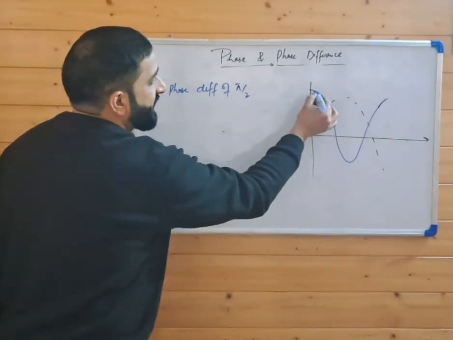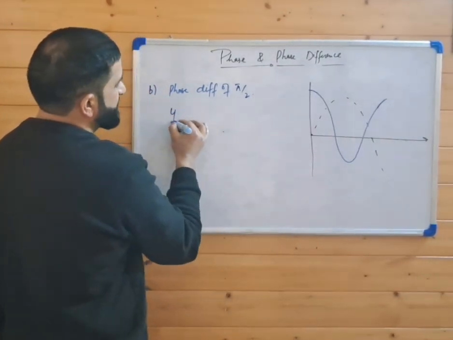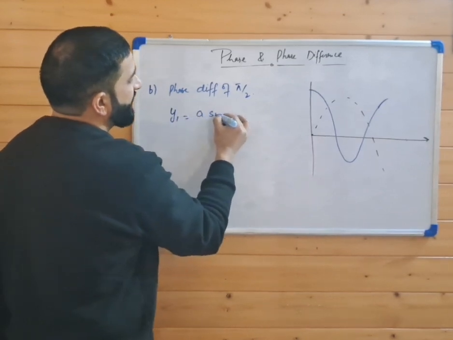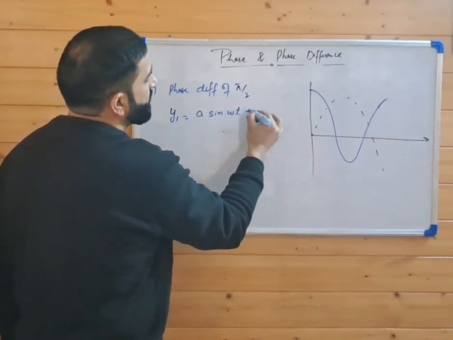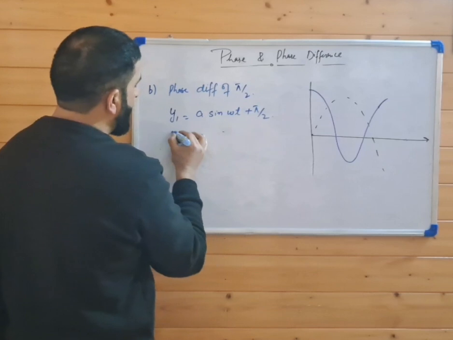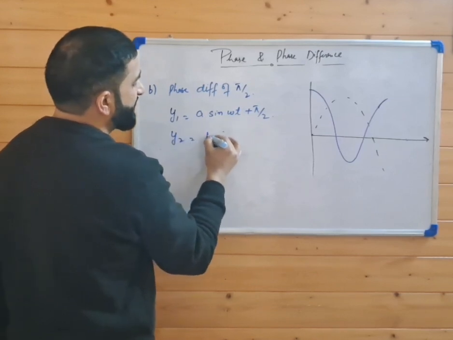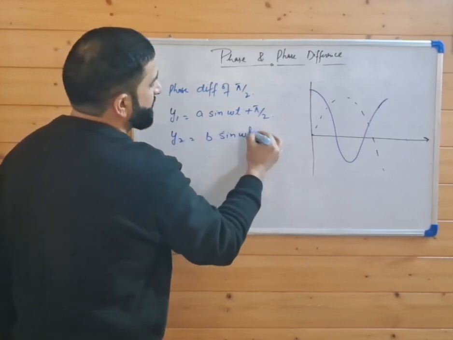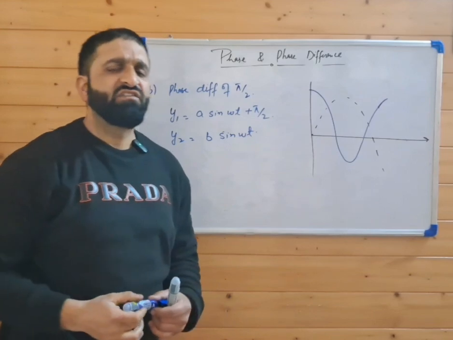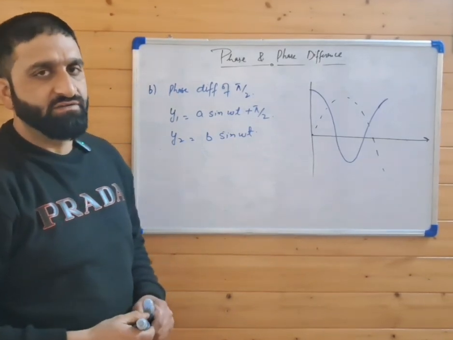We can say that if the displacement equation of the first body is y1 equal to a sine of omega t plus pi divided by 2, and y2 is equal to b sine of omega t, clearly the phase difference between the two particles is pi divided by 2.